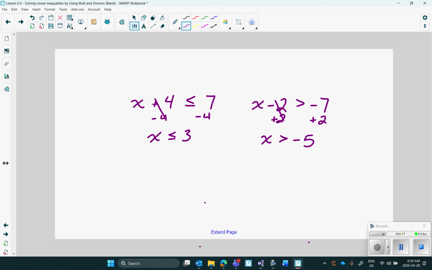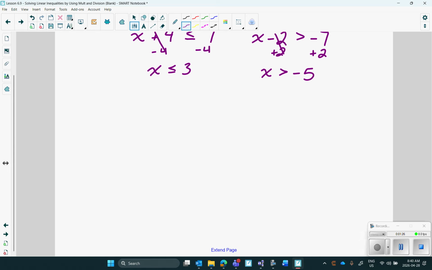One thing that we haven't done yet is what happens if there's some multiplication or division involved. So like if I said this, 2x minus 3 greater than or equal to 5. What would you do?